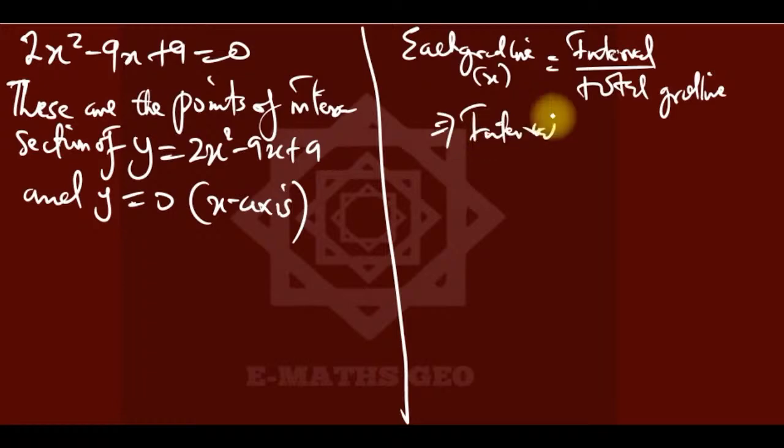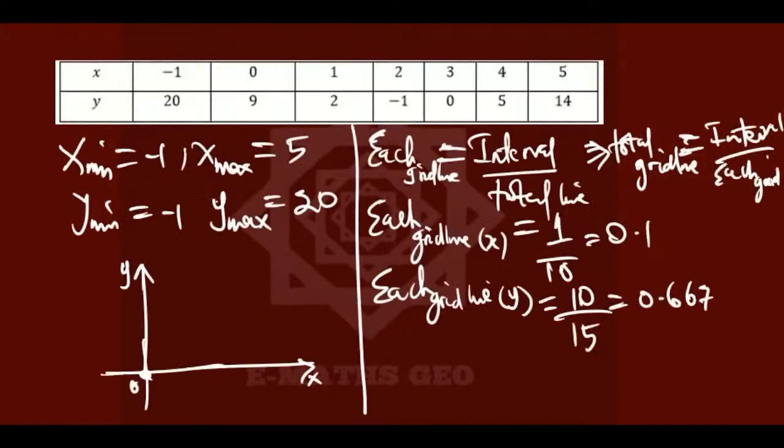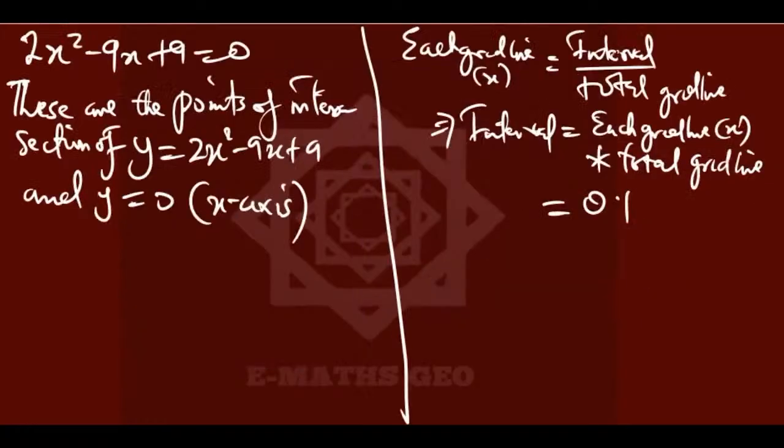That's the value, is now each grid line for x times the total grid line. So, each of these in the x-axis is 0.1. We've calculated it. That's 0.1. So times the total grid line, we counted 13.5.